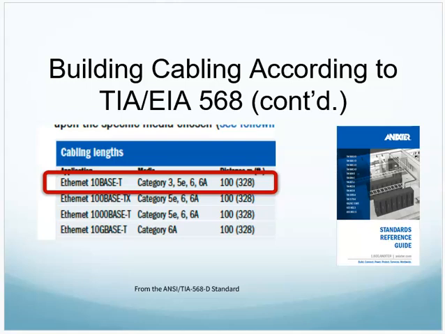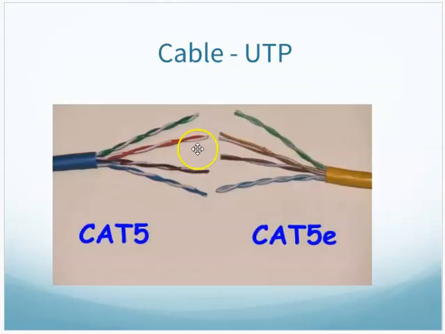Well, as they wanted to run more signal through, or get more bandwidth out of a cable, the structure of the cabling needed to change to accommodate that. So what they did was they started twisting these wires more significantly, more purposely, to be able to support a higher frequency signal going through, which would give you more bandwidth.